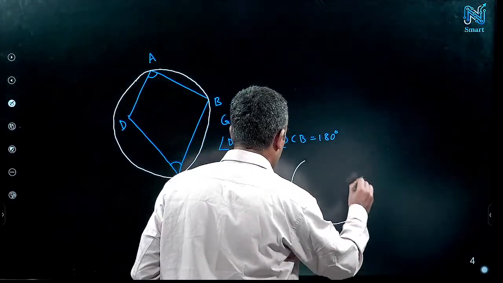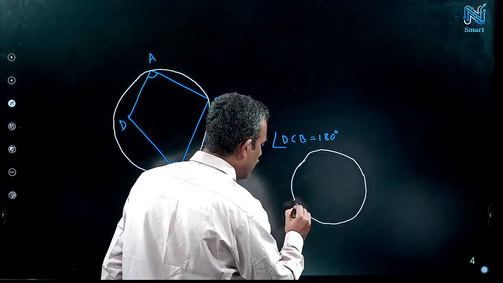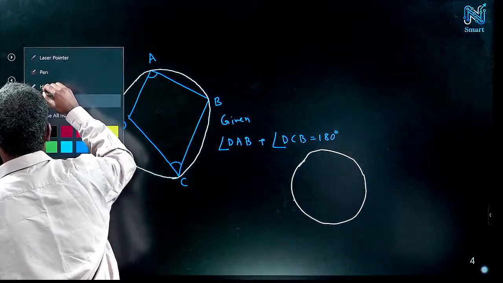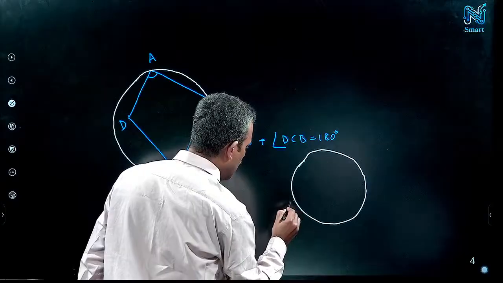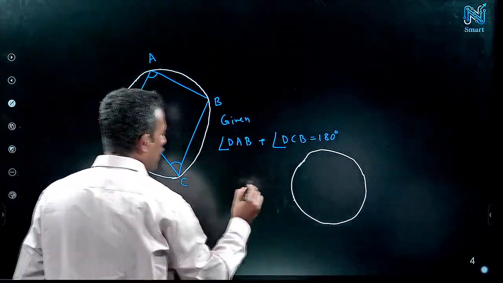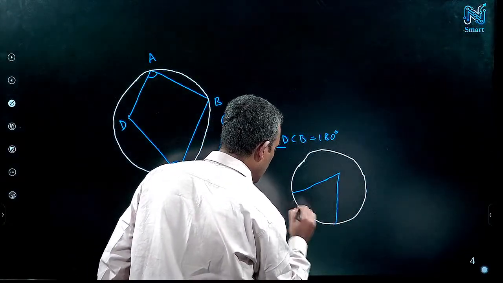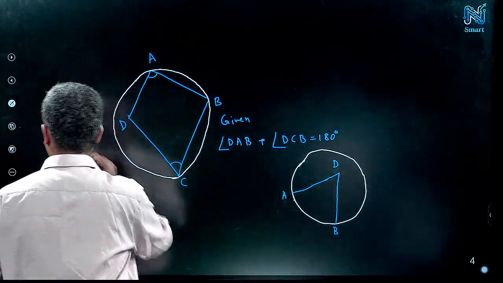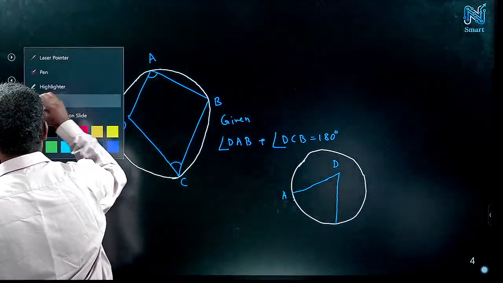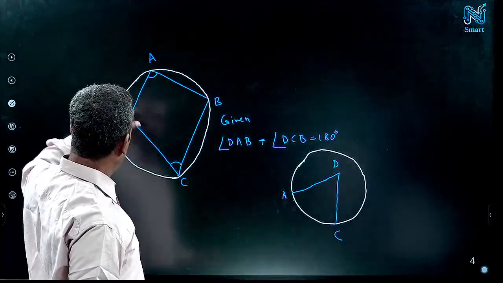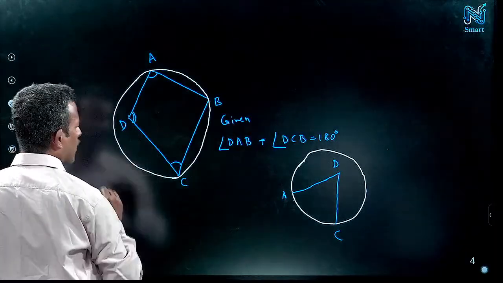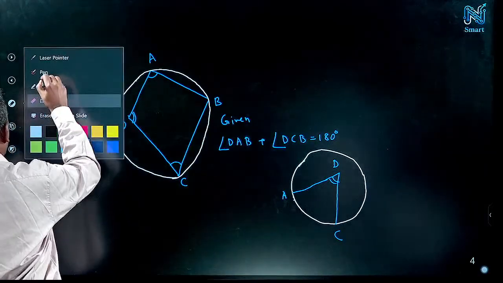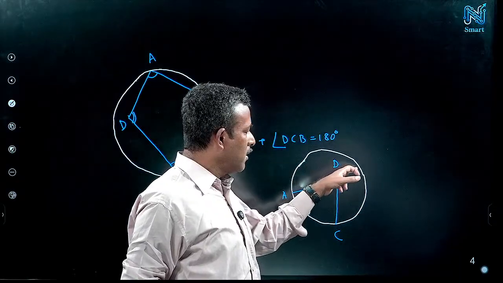Now we take the arc AC and the point D. Is angle ADC the same as the angle subtended at the circumference?